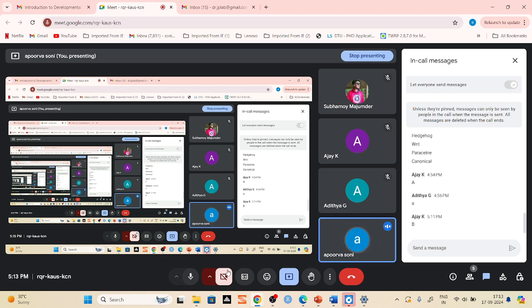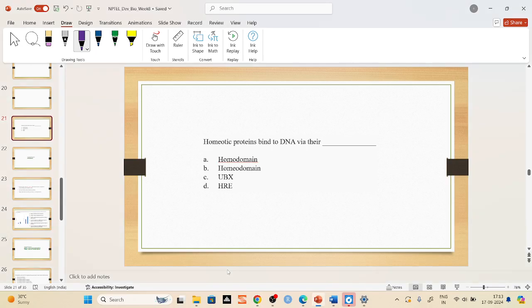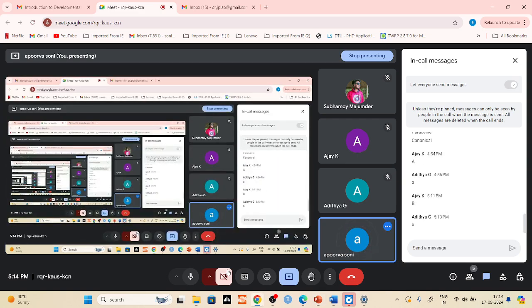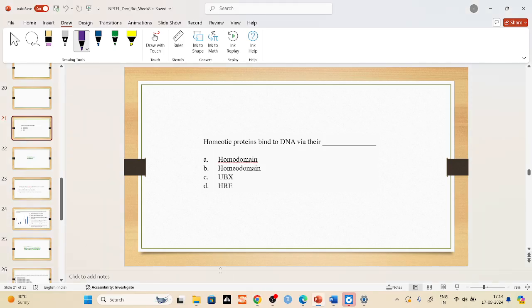Shubhamoy, Aditya, what do you think should be the answer? Okay, everybody thinks B, and B is the correct answer.